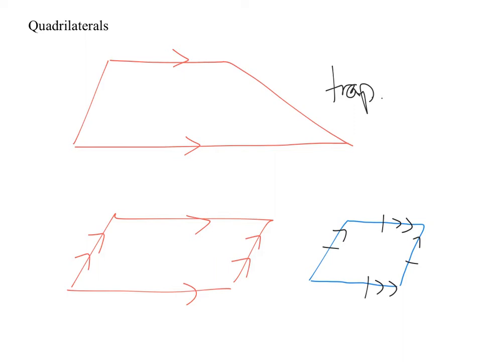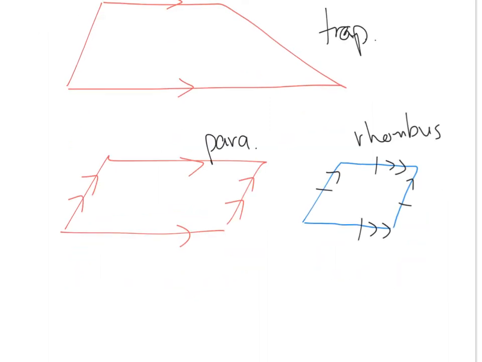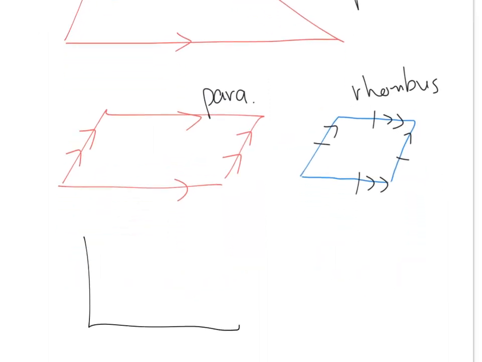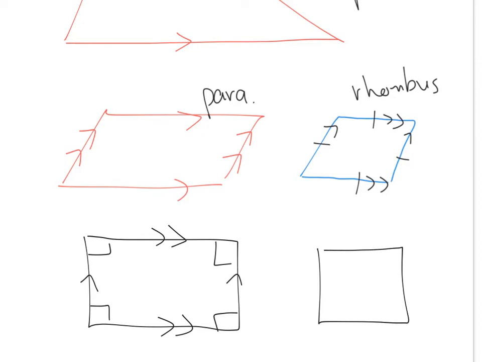It's a trap. This is a parallelogram here, and this is a rhombus over here. We're also missing a rectangle, which is just like a parallelogram, but instead it's got right angles. You still have parallel sides, just like a parallelogram, but it's got all right angles. And then the square is the compilation of all these shapes' properties.